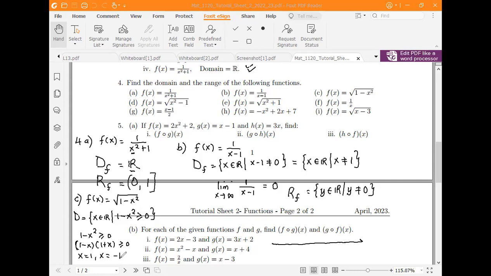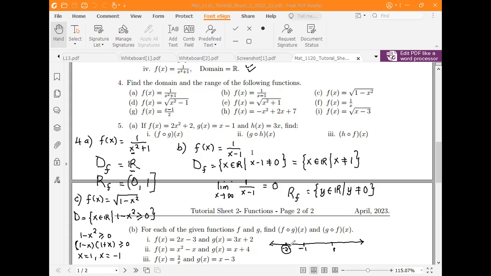So today I will take the number line. So this is the number line. And then we have -1 here. We have +1 here. If we pick a number before -1, say -2, you substitute where there is x.